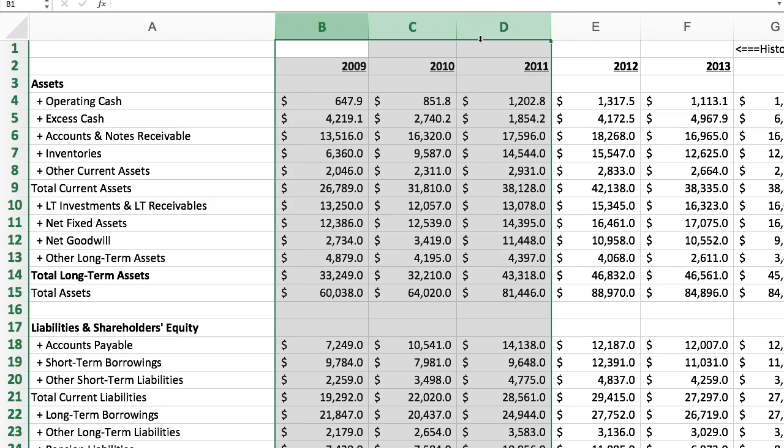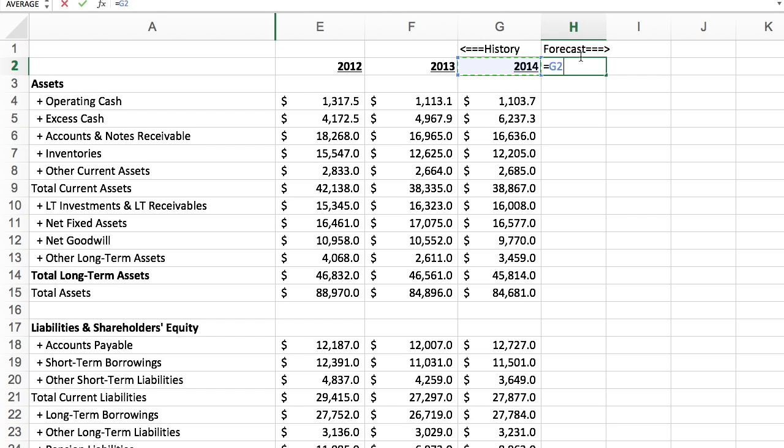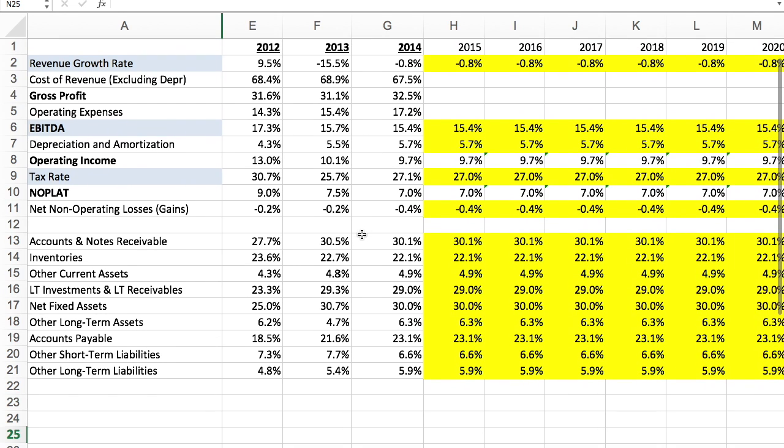Again, so it'll be easier to see, I'm going to hide some of these historical years. Don't delete if you're following along. I'm going to label this part of my forecast. Help me differentiate. Equals previous year plus 1. And the first ratio is accounts and notes receivable for 2015.